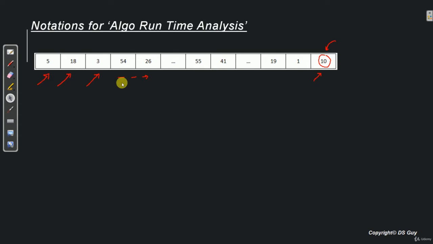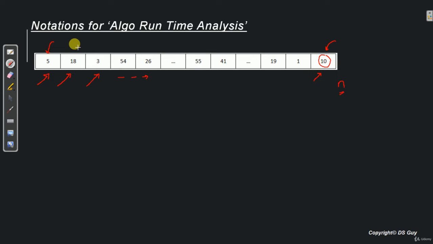Now how much time did it take for us to reach and find number 10? It took us n time. What is n? n is the size of the array. So let's say visiting each and every cell takes 1 unit of time. Now 1 unit can be anything. It can be 1 millisecond, 1 second or microsecond, whatever. So we are not concerned about the unit.